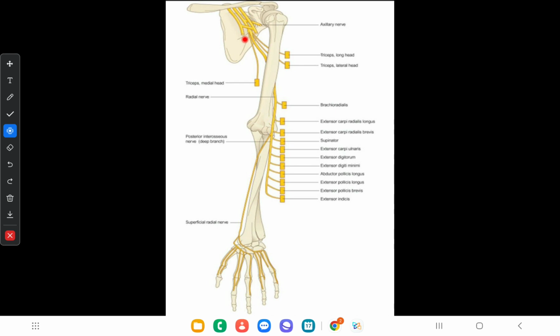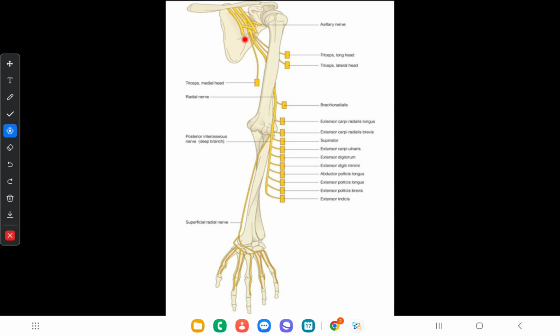Then after leaving the spiral groove, it enters the anterior compartment of the arm at the lower end of the arm, and there it gives branches to brachialis, then extensor carpi radialis longus muscle, and articular branches to the elbow joint. Then it divides at the lateral epicondyle level into two parts, the superficial branch and the deep branch.